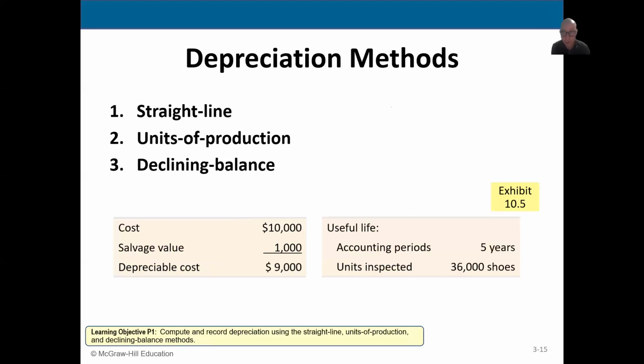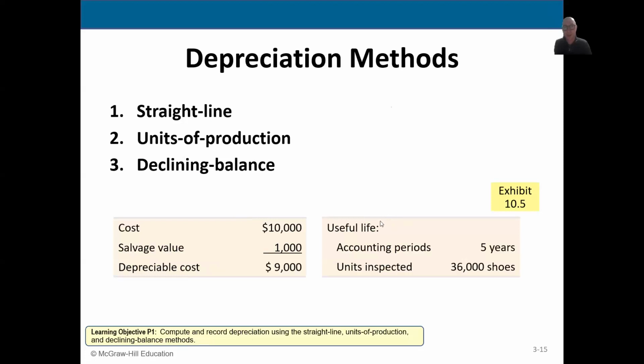Its useful life is 5 years. I can use this piece of machinery for 5 years, and that's when it'll end its usefulness. Or up to 36,000 shoes. It's a shoe machine. So this information is important because we're going to use that in the next to understand these three examples.